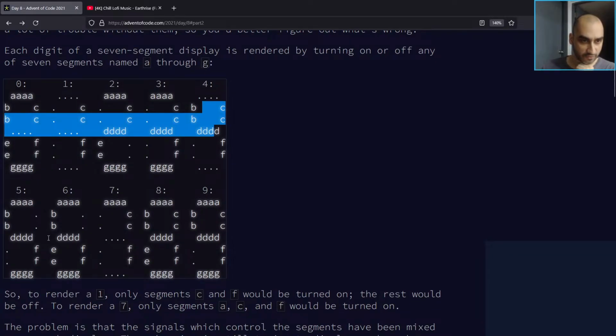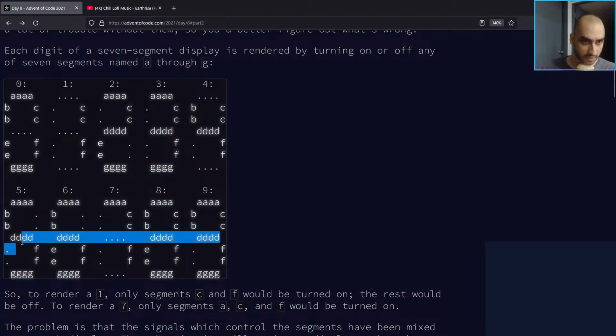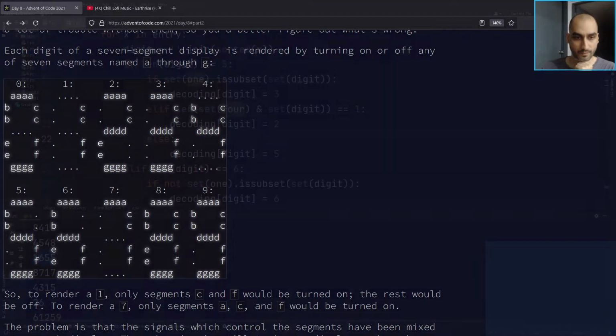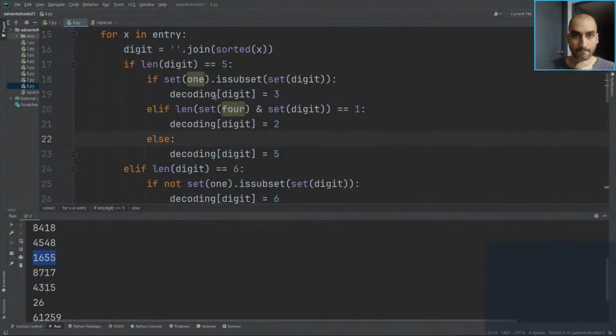And if you intersect 4 with 5, it should be 1, 2, 3. So it's 2 and 3. So if that's 2, then it's 2, otherwise it's 5.